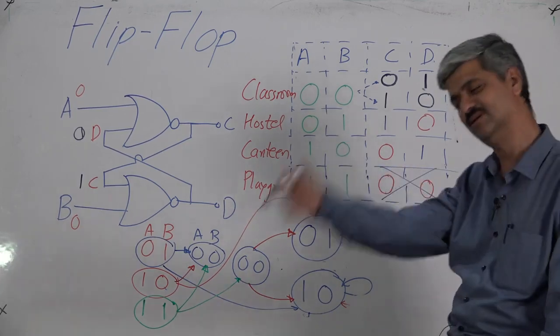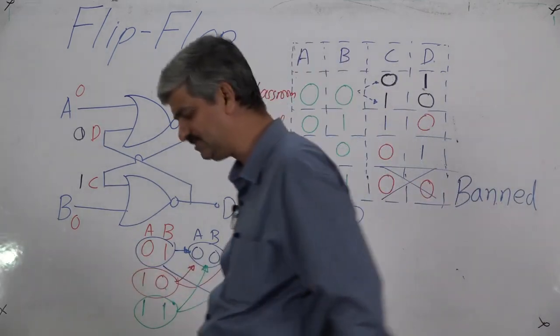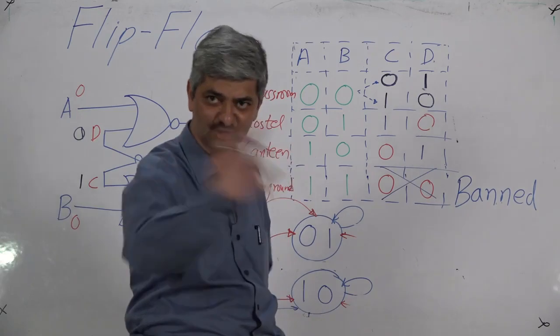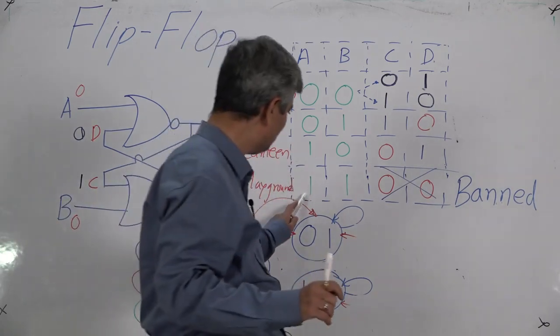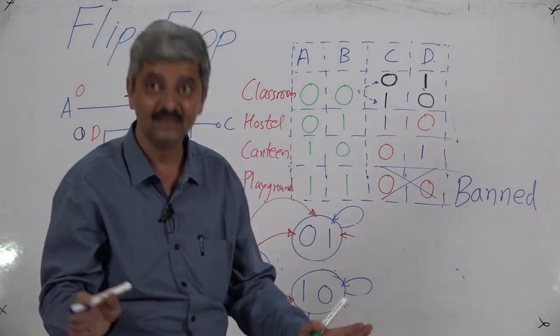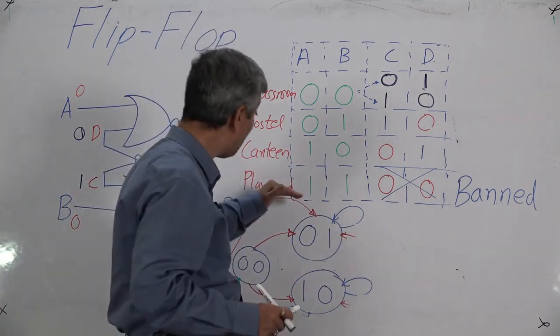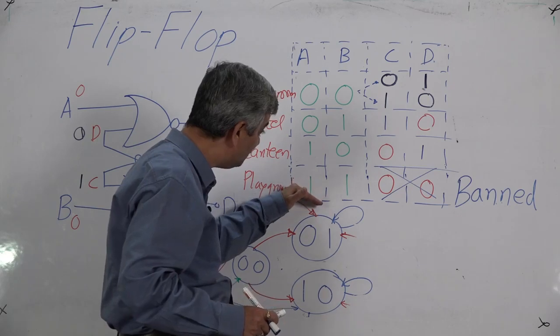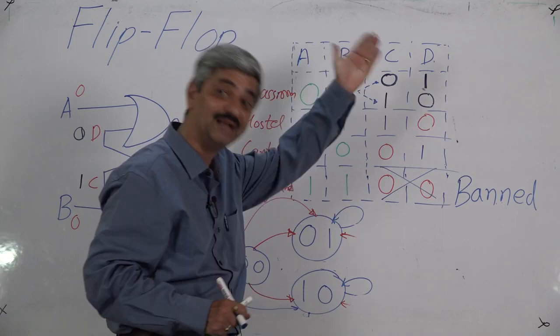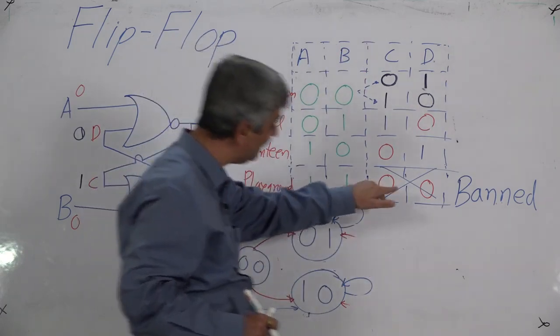If you read some substandard material, then you will say that race occurs here. Race doesn't occur at all. If A is 1 and B is 1, race doesn't occur. C is 0 and D is 0. When race occurs, if I move from 1, 1 input state to 0, 0 input state, I can't predict what the output will be. There is a race.